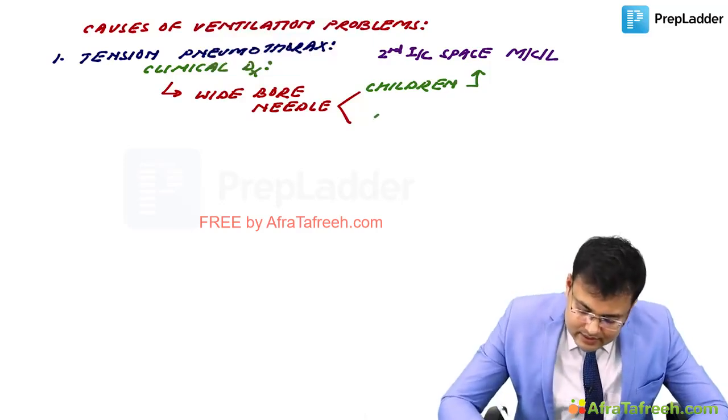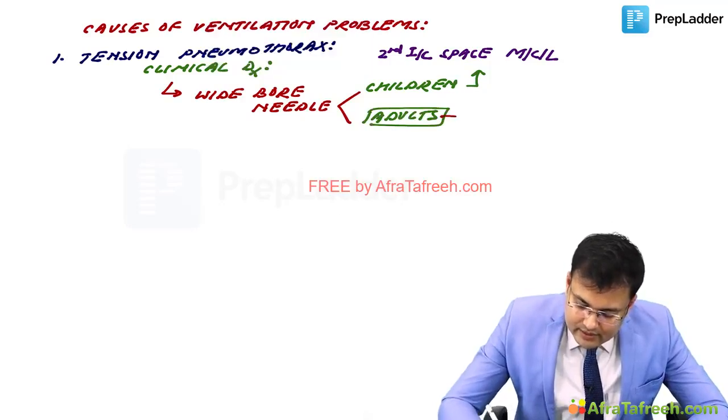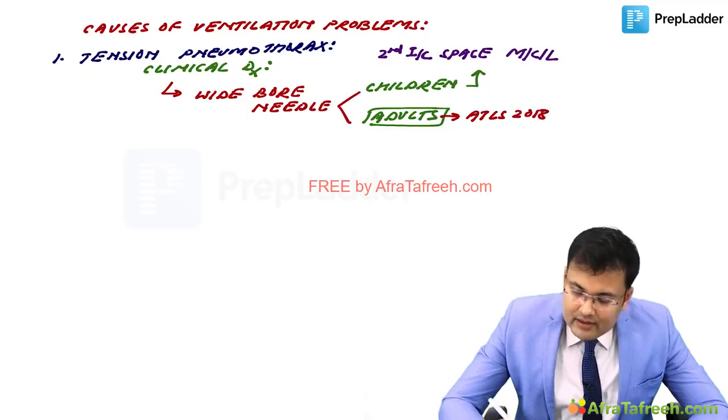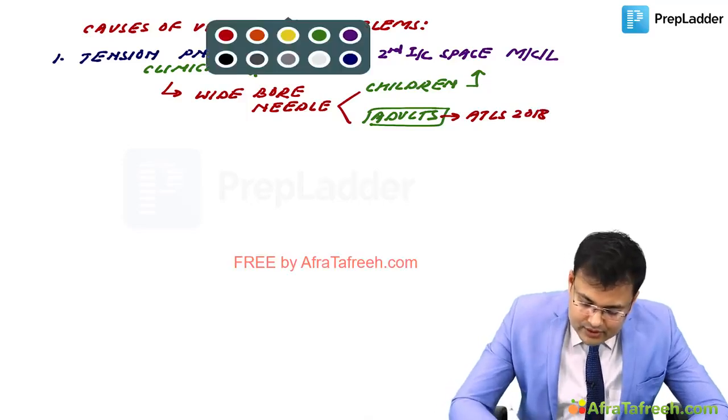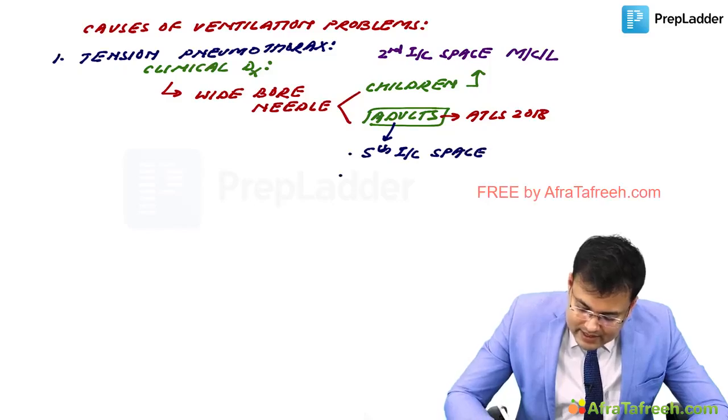And in adults, according to ATLS updates 2018, this was asked in AIIMS, here we are going to insert the wide bore needle in fifth intercostal space, slightly anterior to mid axillary line.